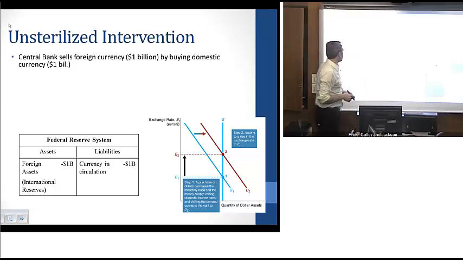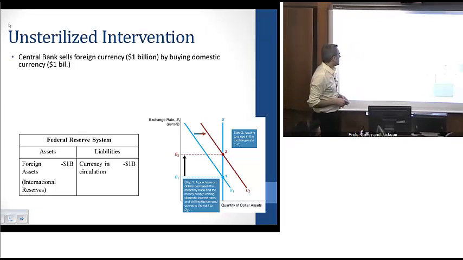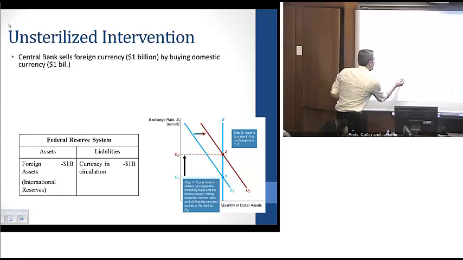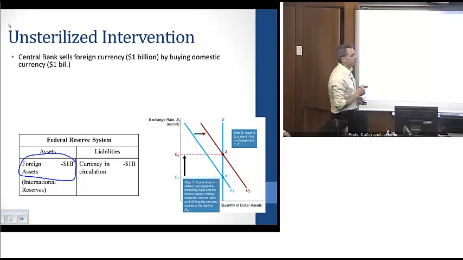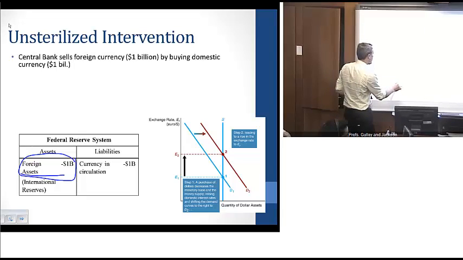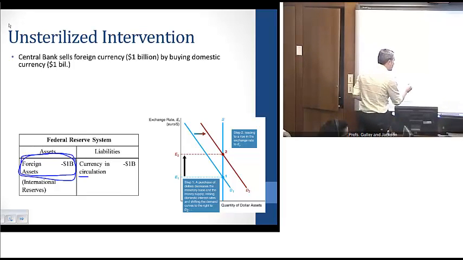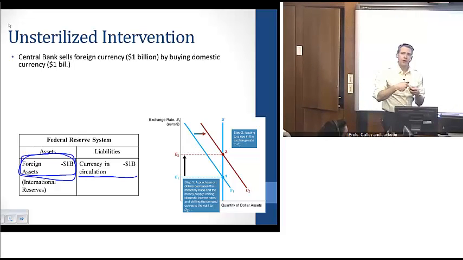So if we look at the central bank's balance sheet, again, you can see that through this process of this unsterilized intervention, they're reducing their foreign assets, their international reserves, by $1 billion. And the flip side of that is, on the liability side, they're pulling in $1 billion in currency that is being removed from circulation.